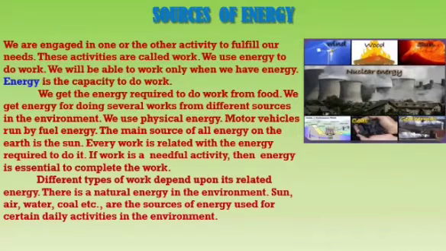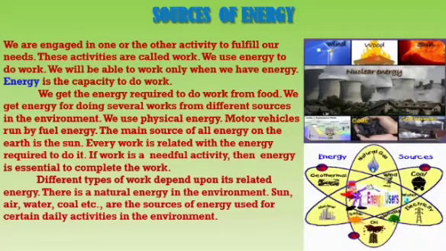Our muscles help us. Our muscles give us energy, and that energy we get from our food. Then motor vehicles run by fuel energy. So your motor vehicles like your car, scooter, bus, all this, it moves with the help of fuel, that is diesel, petrol. So motor vehicles run by fuel energy.